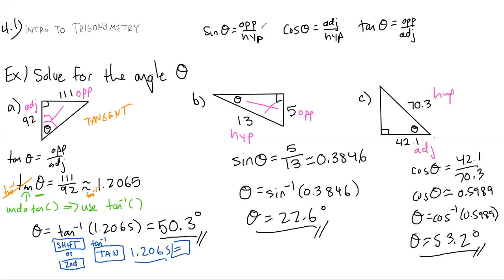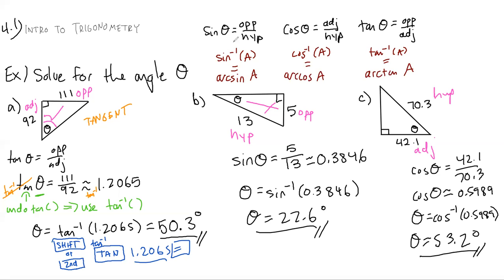It is worth noting that sometimes you'll see them written a little bit differently. The inverse sine function, if I have sine to the -1 of a, is sometimes written as arc sine of a. Similarly, cos to the -1 of a is sometimes written as arc cos of a, and tan to the -1 of a is sometimes written as arc tan of a.